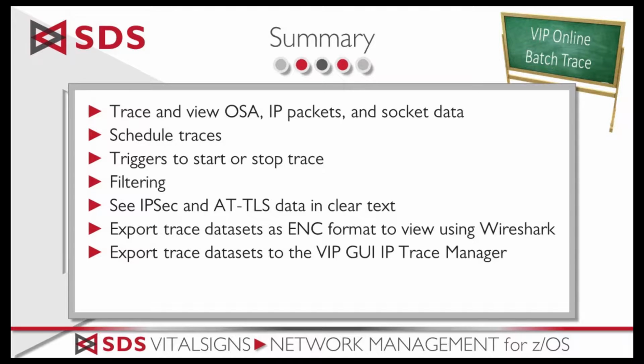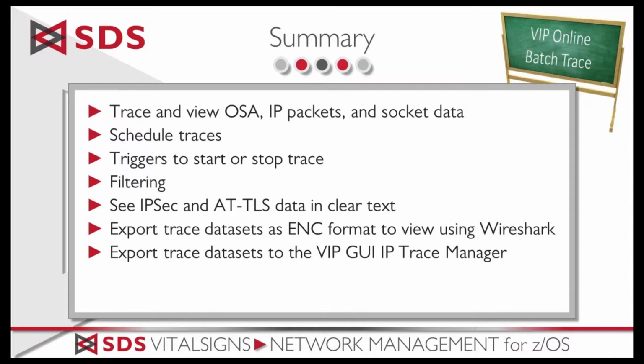Use all the powerful ISPF tools like find, exclude, copy, paste, and highlighting. And if you need to show the results to your manager and you want it to be more visual, either export the packet trace data to the VIP UI or in an INC format to Wireshark, then view the trace data through one of those user interfaces.